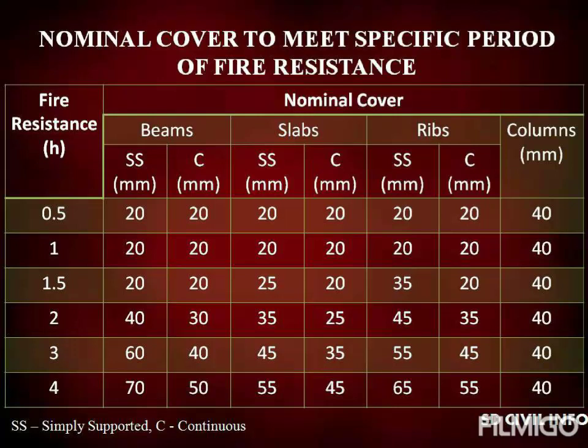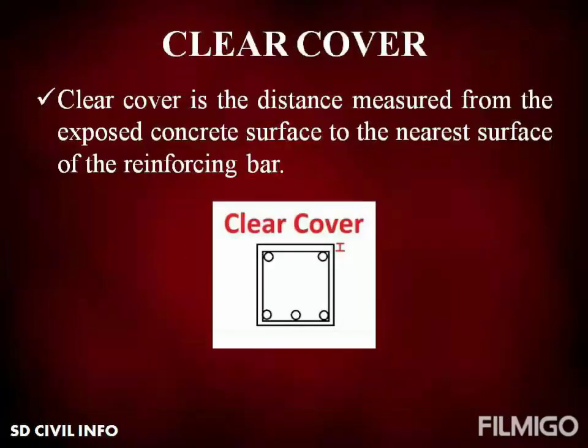The minimum values of nominal cover to meet the specific period of fire resistance up to 4 hours are given in this table, for simply supported beams and continuous beams, simply supported slabs and continuous slabs, simply supported ribs and continuous ribs, and columns. What is clear cover?